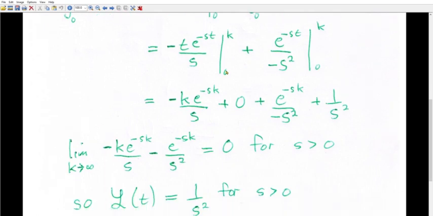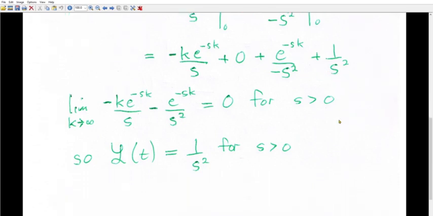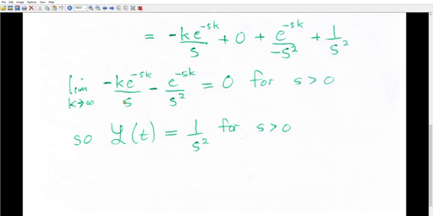You plug in a 0 here, and you get 0. So from this term, you get minus k e to the minus sk over s. Here's that 0. And from this term, you get e to the minus sk over minus s squared. And this 0 term now gives you 0 over minus s squared, subtracted, so plus 1 over s squared. Now, as previously, these two limits go to 0 for s bigger than 0.